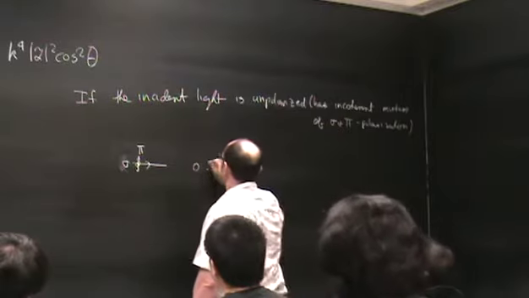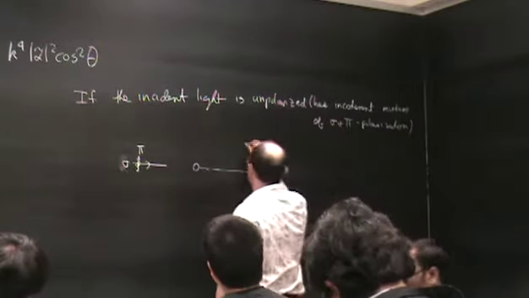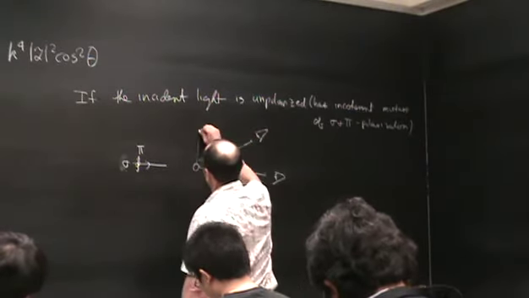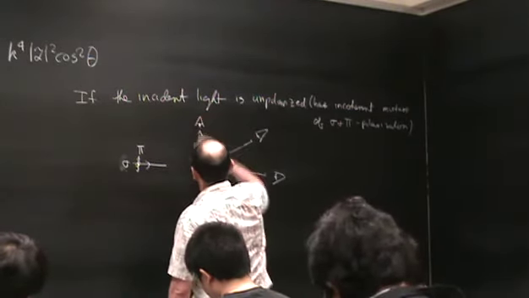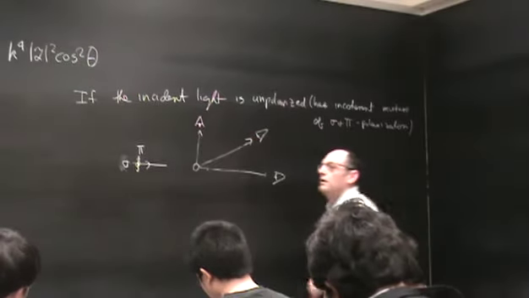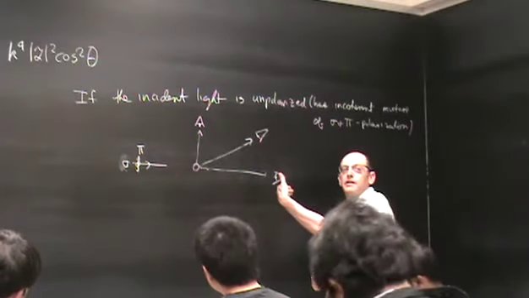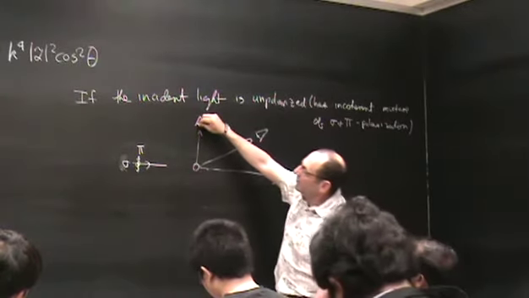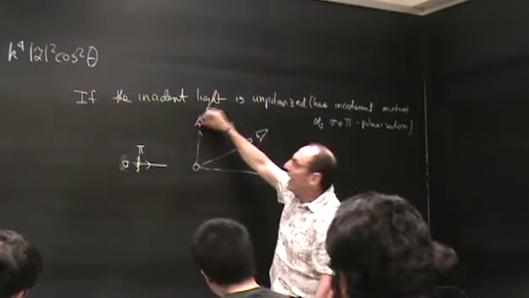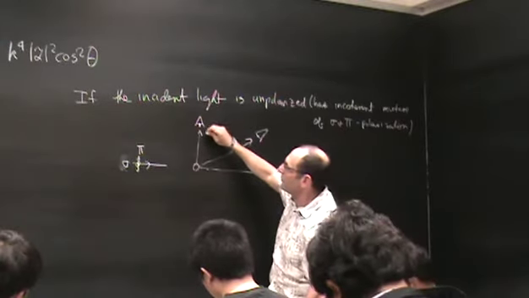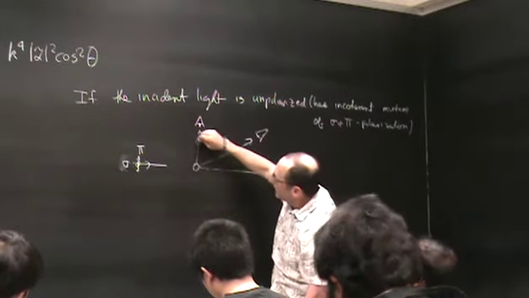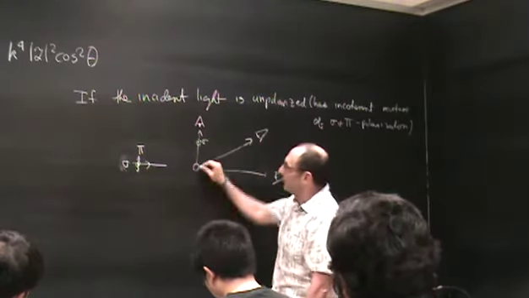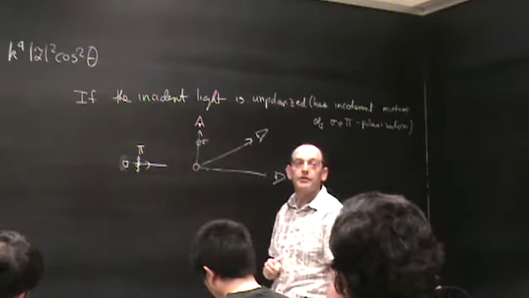And here's my scatterer, and now I look in different directions. Well, the degree of polarization will depend on the angle in which I look. If I look in this direction, I see complete perfect polarization. In fact, the only light that can be scattered in this direction is sigma polarization, because the pi polarization cannot be transverse.